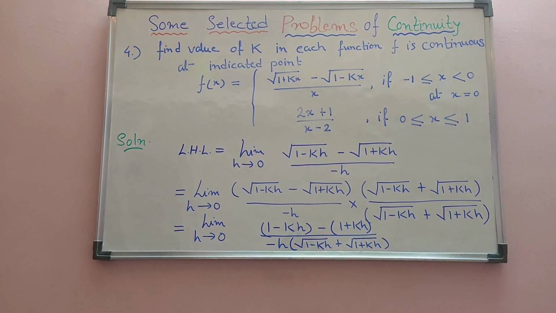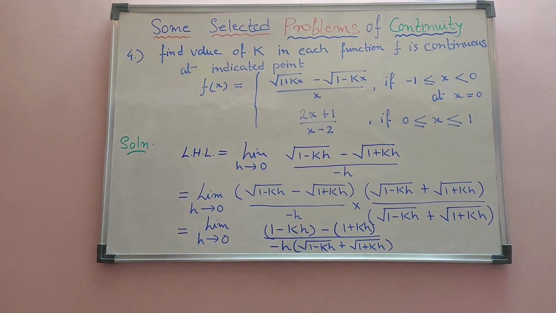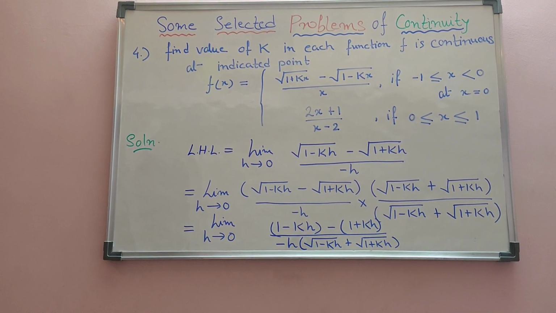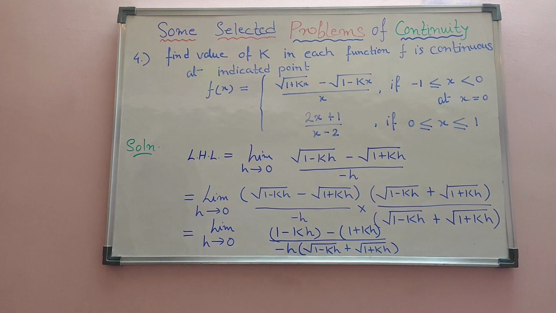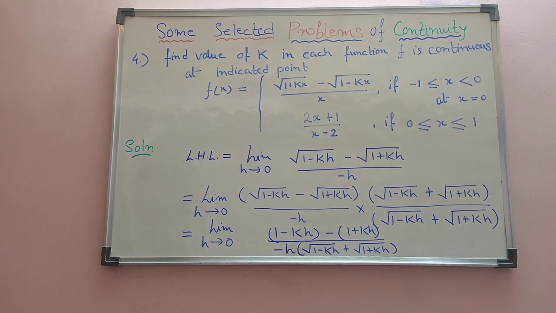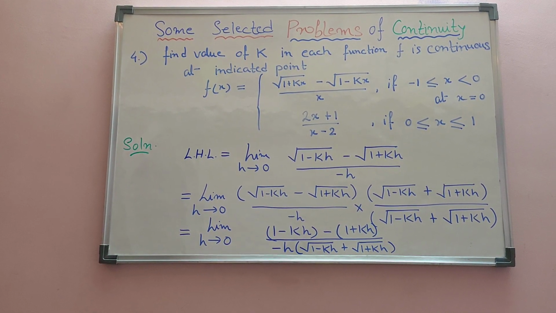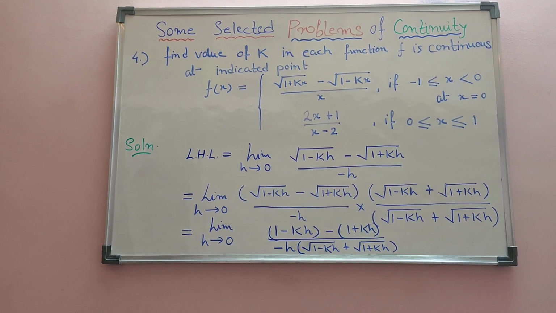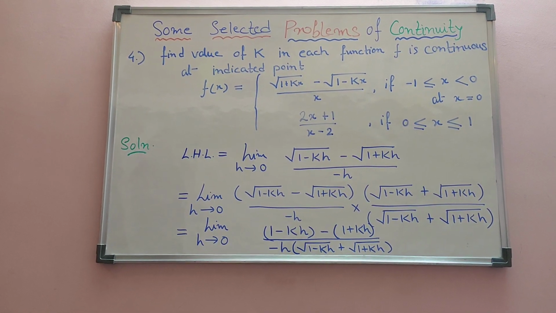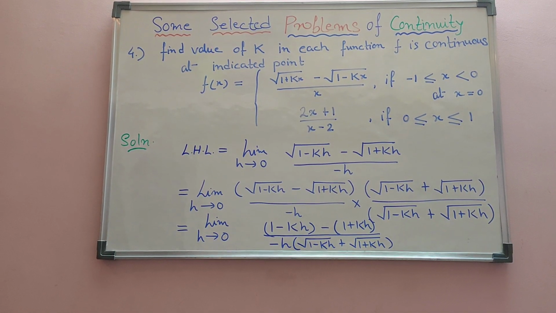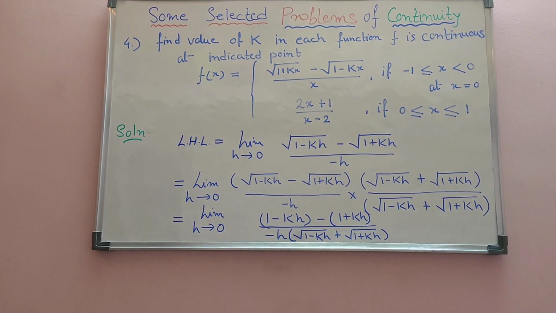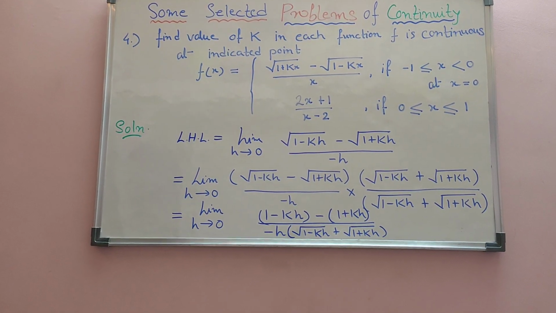To solve this problem further, we can rationalize it, because otherwise when you put the value of h, the value becomes indeterminate. So here there is only one option, we can rationalize it. As you know, in rationalization, what we do is take the same terms as the numerator but with the opposite sign. So it's square root of 1 minus kh minus square root of 1 plus kh, and we will rationalize it with square root of 1 minus kh plus square root of 1 plus kh.